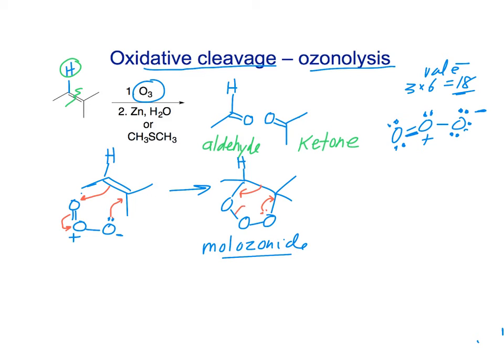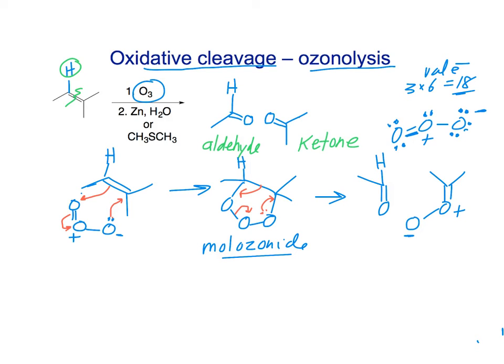It's going to go there, and this is going to go onto that oxygen. So if we follow our arrows, we have formed a pi bond here, and a pi bond here. And this is going to have a plus, and this is going to have a minus.